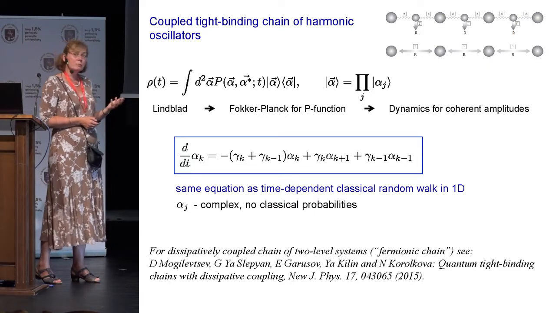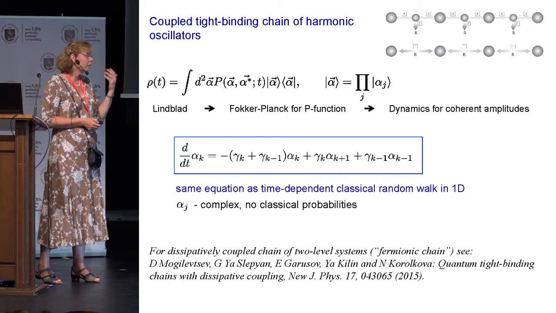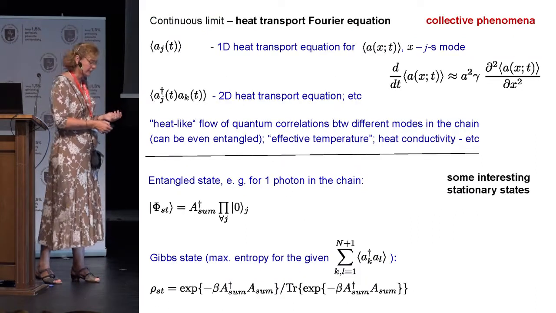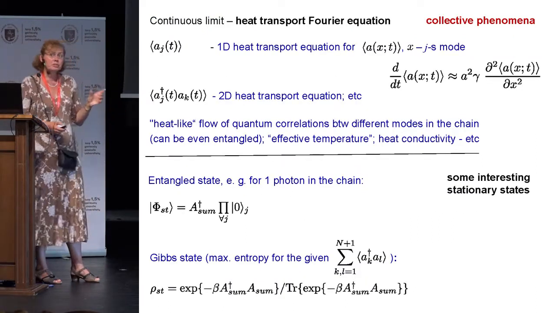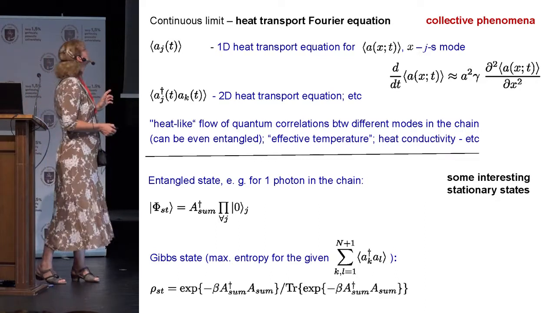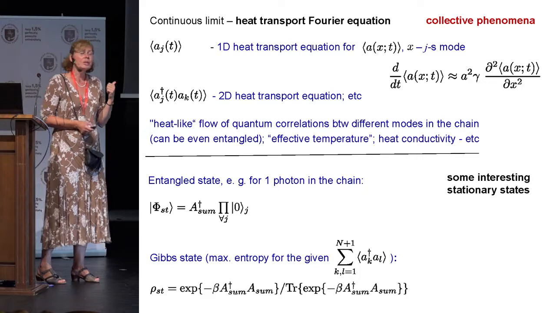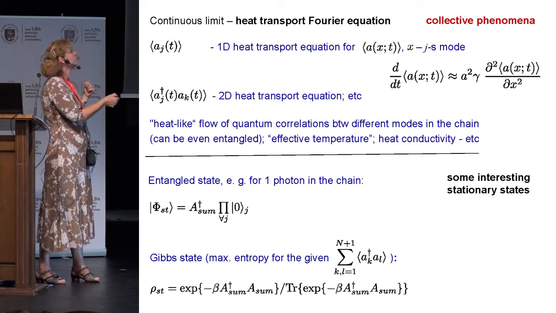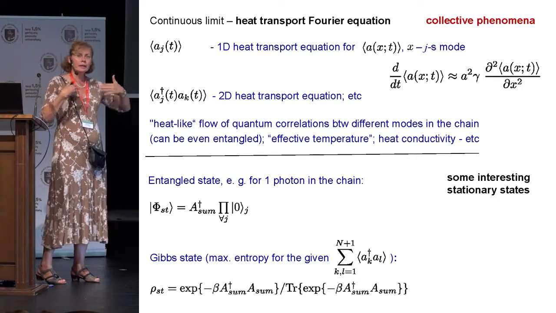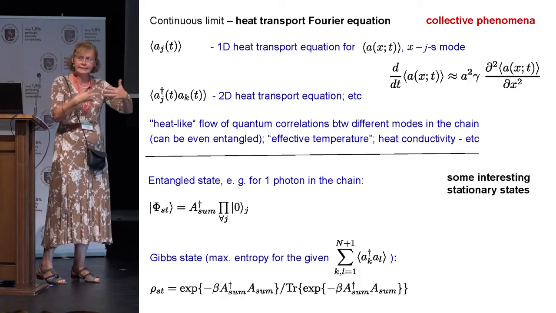So this opens me a way for trying to simulate different complex systems. For example, one interesting feature of my system is that if I go to the continuous limit of this equation, I have something like the heat transport equation. So in a way, my light flows through the system like heat.